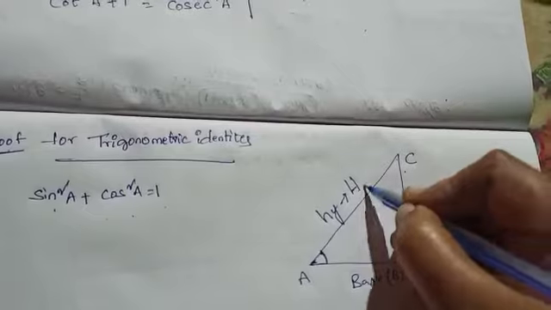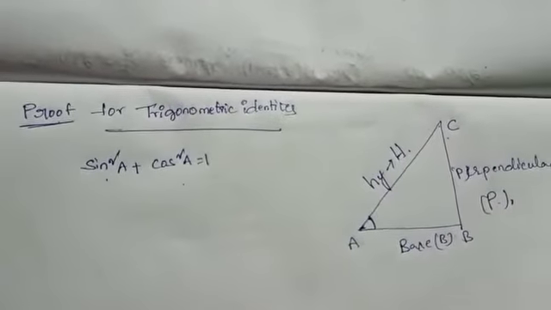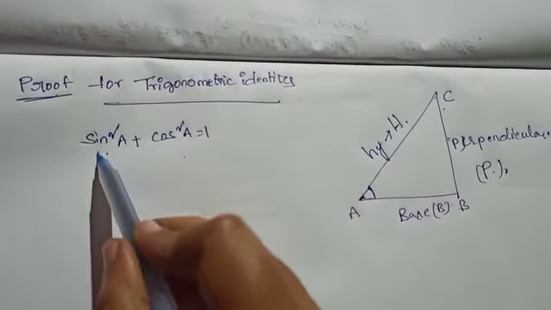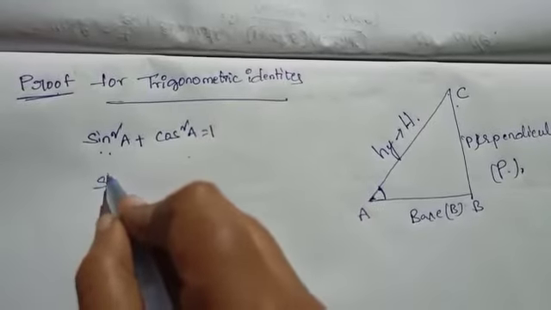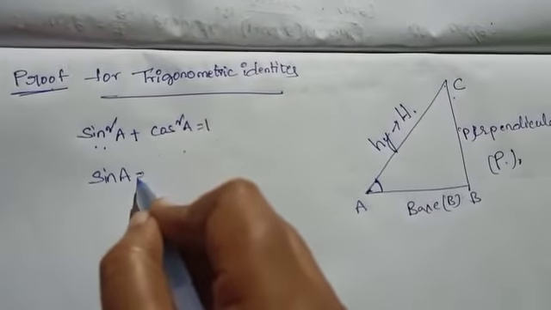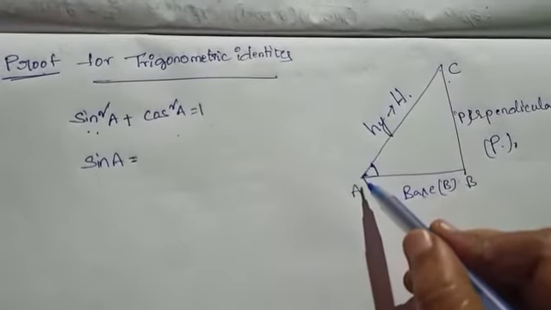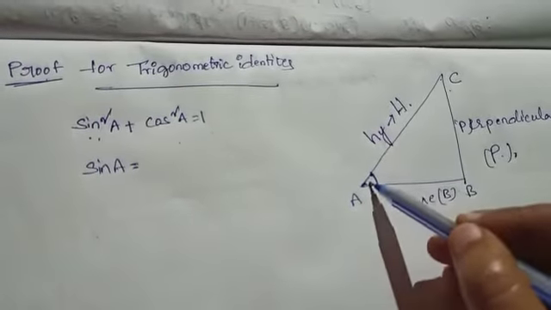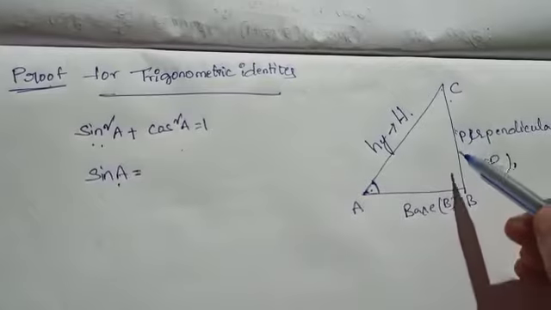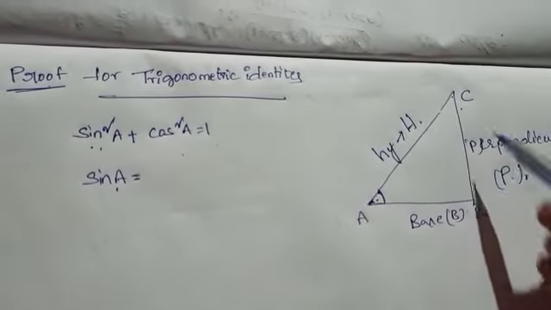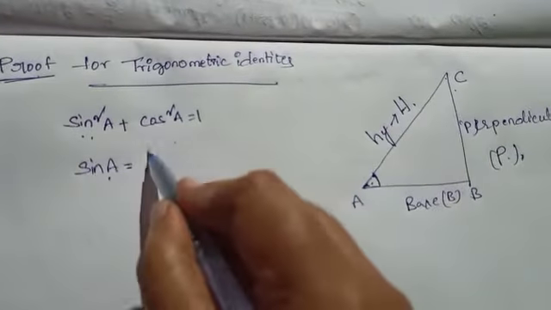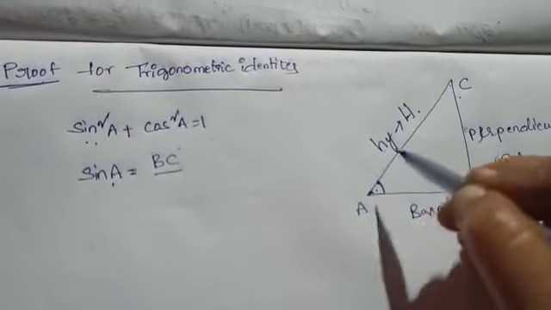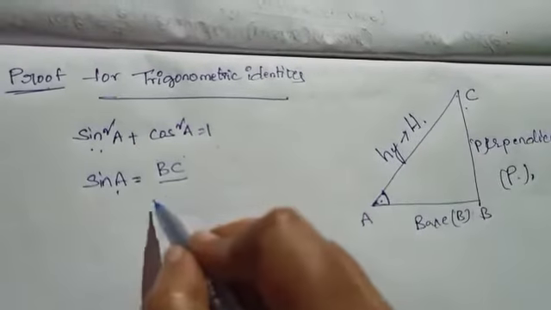We know sin A equals side opposite to the angle A by hypotenuse. Here, with reference angle A, the side opposite to the angle A is BC, and the hypotenuse is AC.